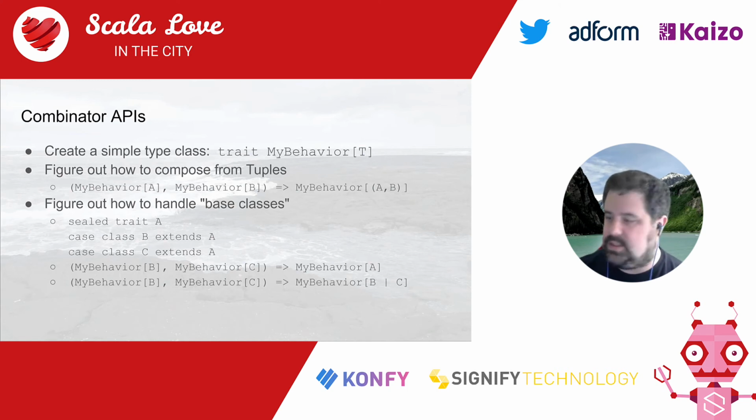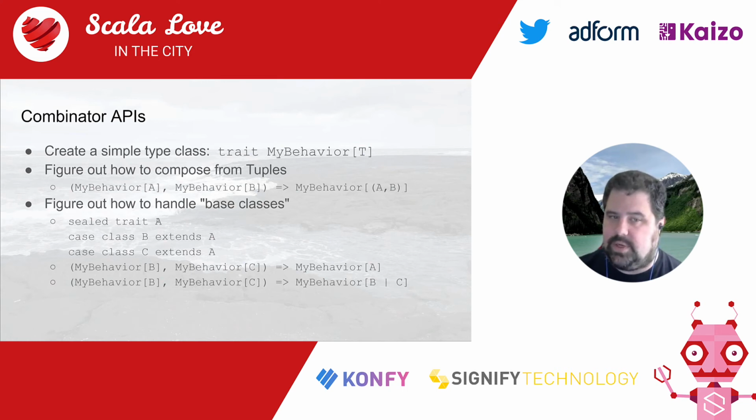But you can also do a lot of these functional kind of type classes associated with various equals and functors and that kind of thing. Anyway, the key is you need a way to compose yourself from tuples, or if you want, product types. So I need a way of taking my behavior A, my behavior B, and getting a MyBehavior of A and B. I need to figure out how to handle my base classes.